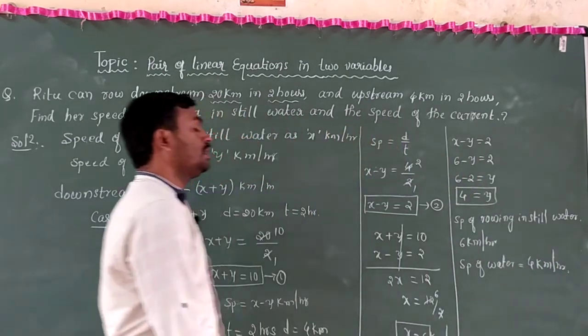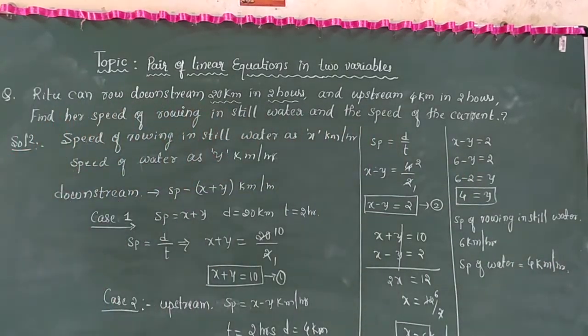This is how we can solve the verbal problem by converting it into a pair of linear equations in two variables.